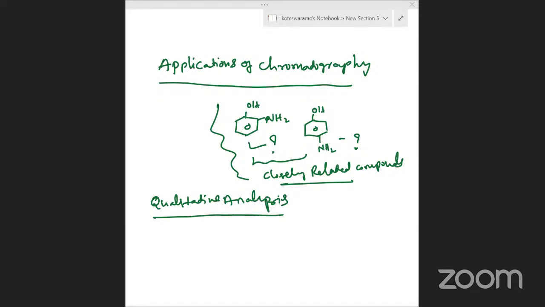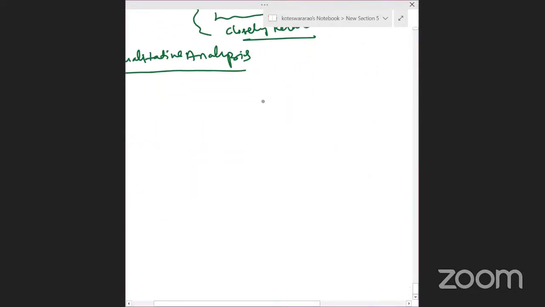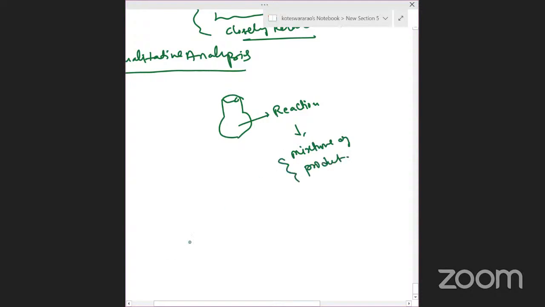They can be identified very easily by just comparison. For example, suppose I have conducted a reaction in a round bottom flask. The reaction leads to a mixture of products. How can the products be identified?